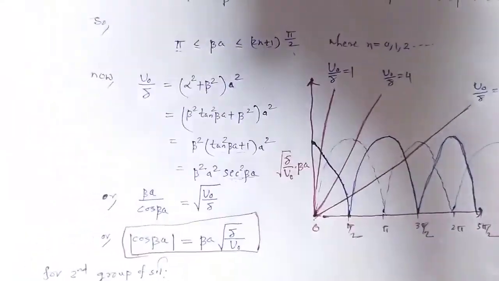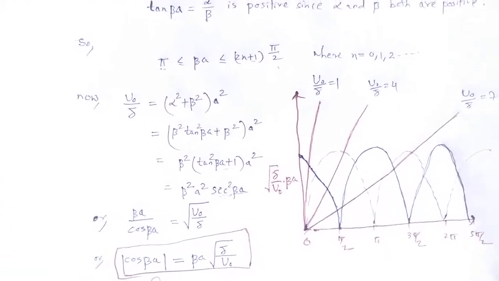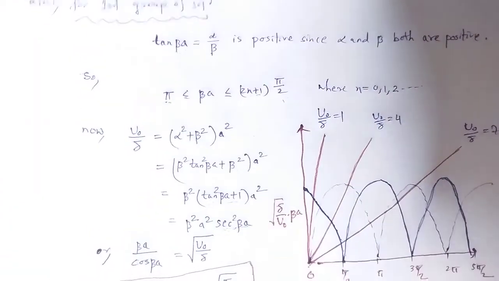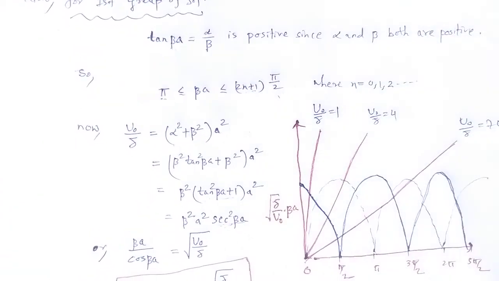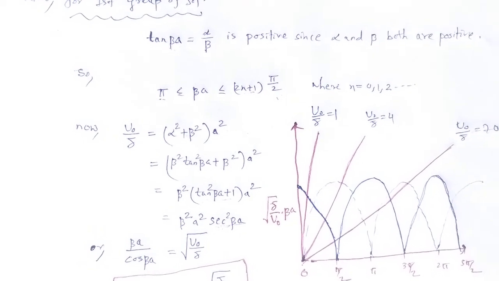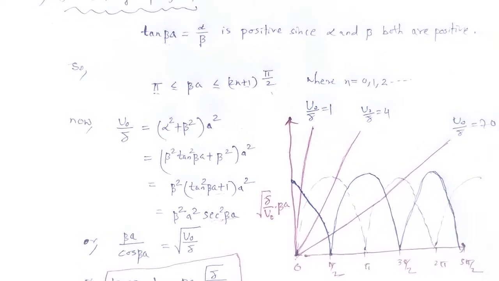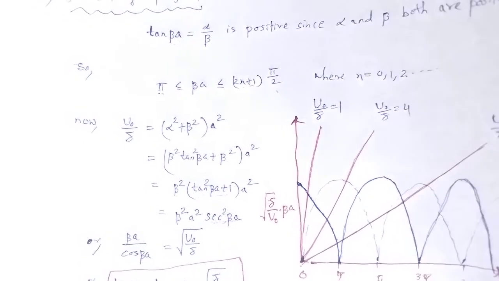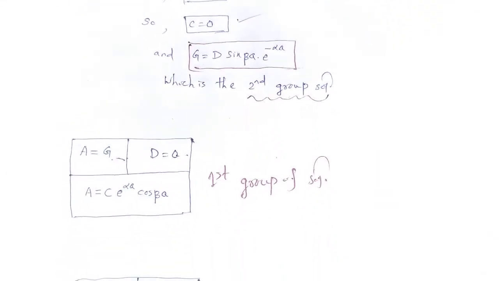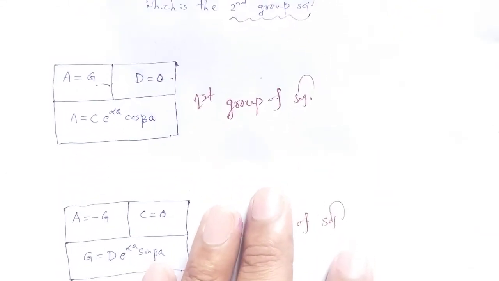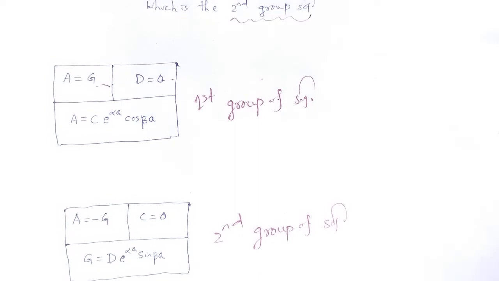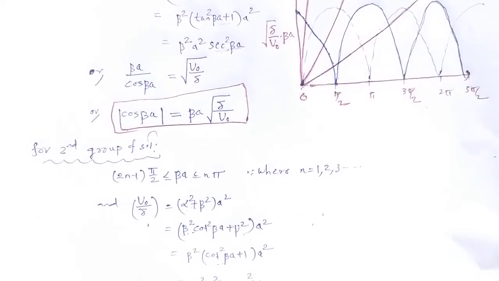According to our findings, the findings of the first group of solution and second group of solution, the solutions of these wave functions are psi 1, psi 2, psi 3 and their groups are basically found.